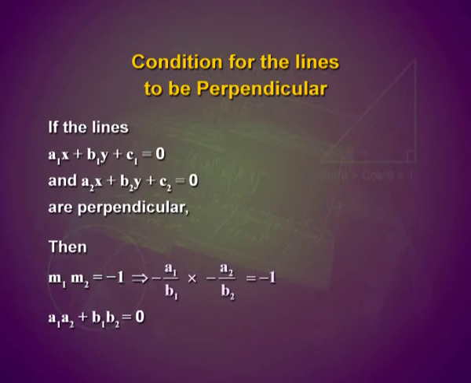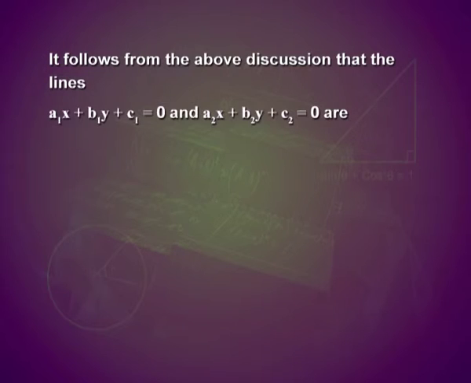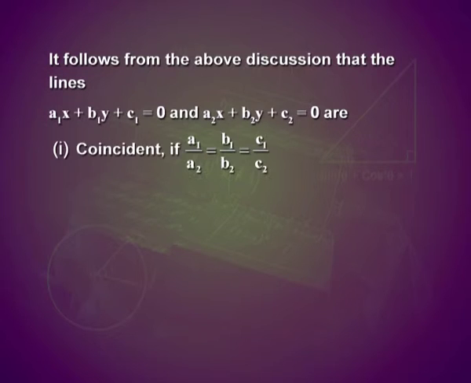It follows from the above discussion that the lines a1x plus b1y plus c1 is equal to 0 and a2x plus b2y plus c2 is equal to 0 are coincident if a1 upon a2 is equal to b1 upon b2 is equal to c1 upon c2.